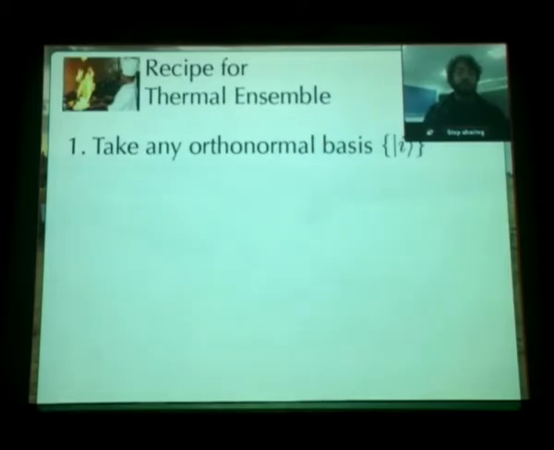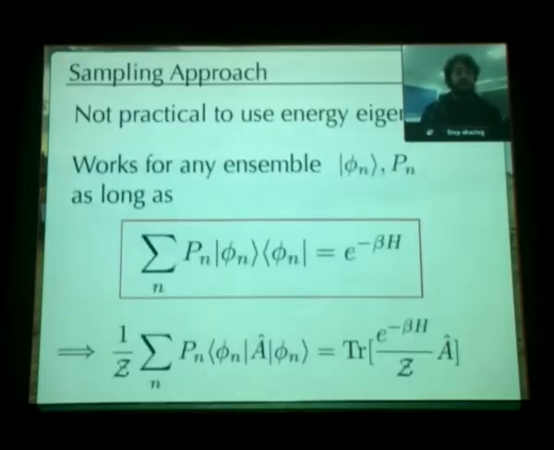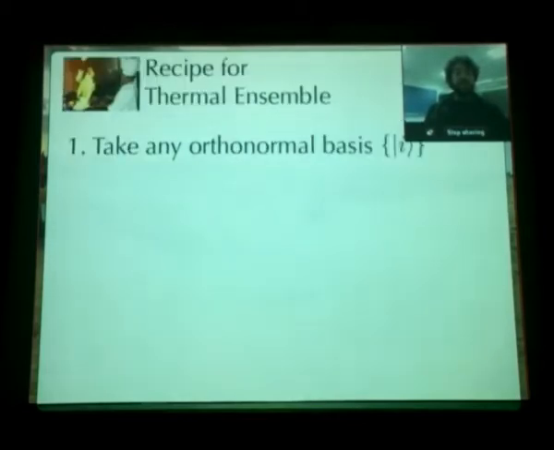Then they're distributed with relative probability weights Pn, so that if you add them up they give back the density matrix at temperature beta, where beta is 1 over T, for those of you who aren't familiar. Then if you take an average in that ensemble, you get the correct thermal average. So there's a general recipe for making any thermal ensemble just from a basis.